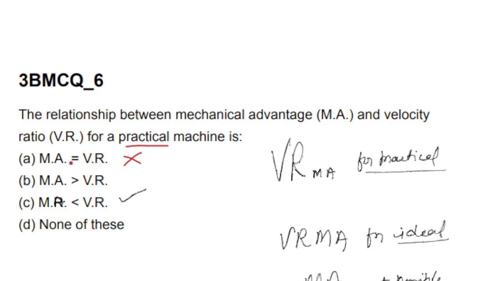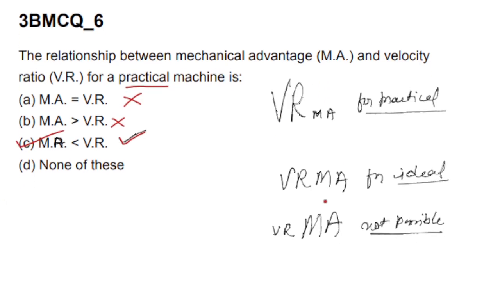This will hold true in the case of ideal machines. MA can be greater than velocity ratio. This can also not happen. Mechanical advantage can never be greater than VR. Mechanical advantage is less than VR. Yes, for a practical machine, this will be true. So answer C will be true.